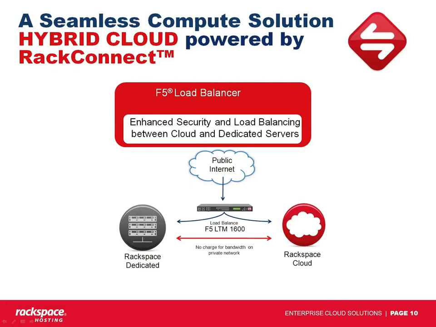But they might also want the flexibility of cloud for their web tier, where they can add capacity when they have a big spike in traffic, and then decommission that capacity when they no longer need it, and they're only paying for the time where they're running in the cloud. And so Rack Connect really gives you a way to get the best of both worlds.